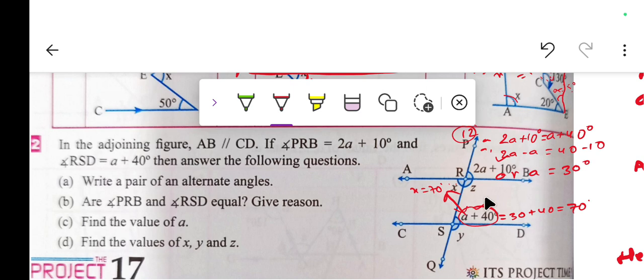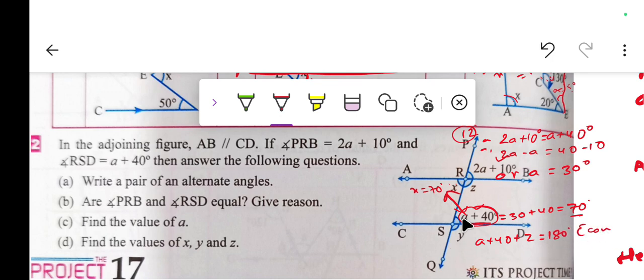So once we got x is equal to 70, and a plus 40 is equal to 70, we can get this angle by co-interior angle. We know this much is 70. So 70 plus a plus 40 plus z is equal to 180 degrees being co-interior angle.